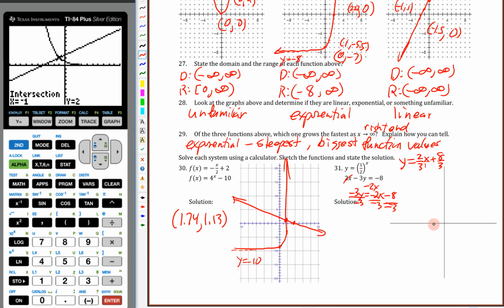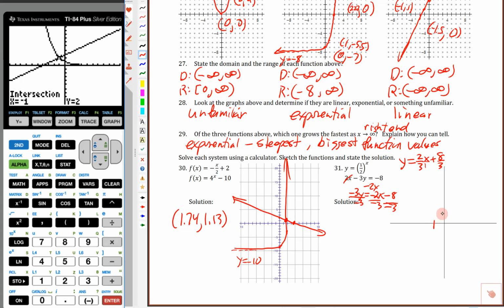So I'm going to mark on here -1 and then 2. So they're going to cross right here. And we've got a graph that comes down and basically gets closer and closer to the y-axis. So there's our asymptote. So it's going to come down like this and then like that. Okay. And then this one, let's see, where does it cross the y-axis?